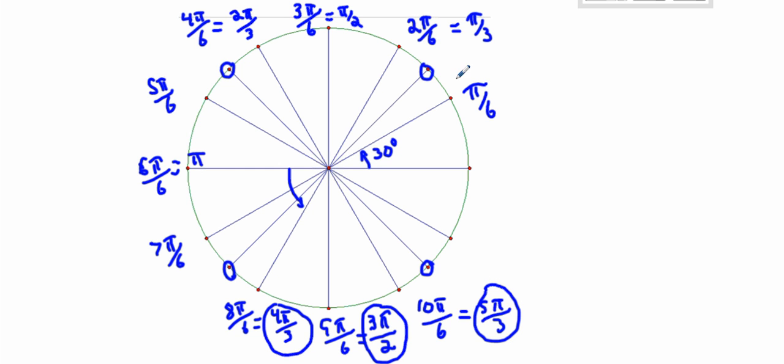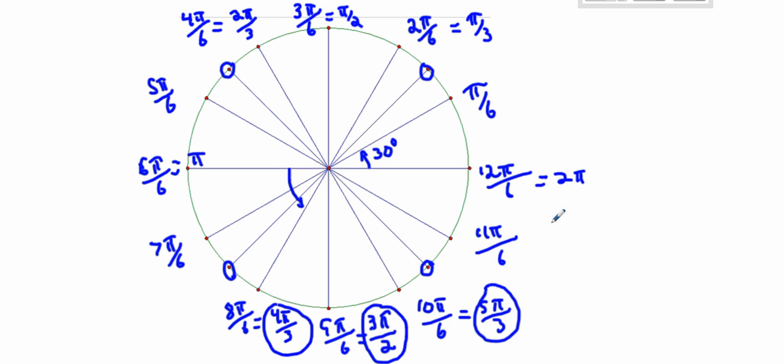So where are we at? We have 1, 2, 3, 4, 5, 6, 7, 8. Remember, skipping the 45s. 9, 10. Skip the 45, and here's 11 pi over 6. We don't have to reduce him because it's my pi over 6 angle in this quadrant. And lastly, my 12 pi over 6, which reduces down to 2 pi.